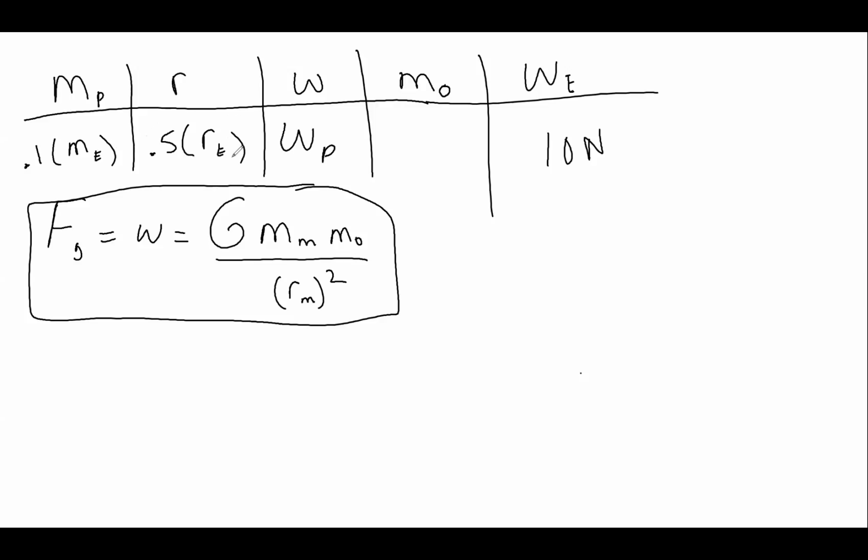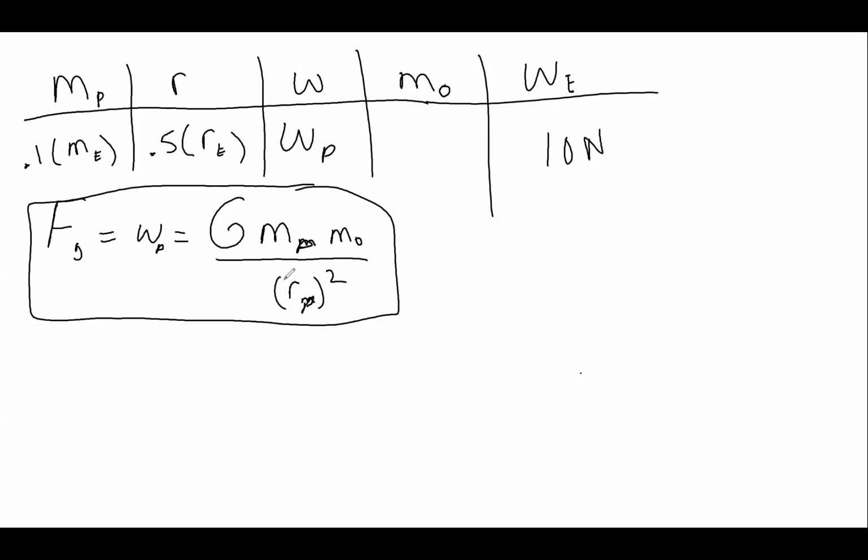Now, if you're thinking that I need to come here and put the mass of the Earth, okay, I want the weight on this planet. I want the mass here of the planet, the mass of the object, and this is the planet.